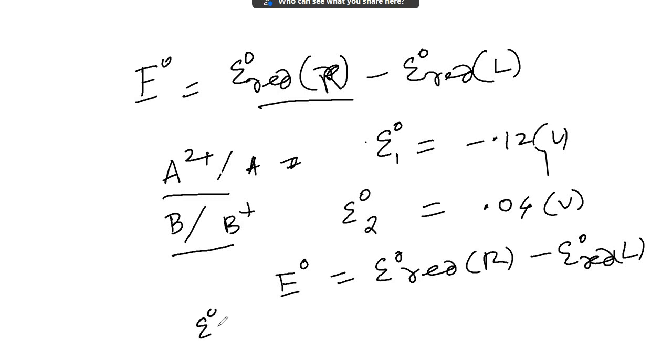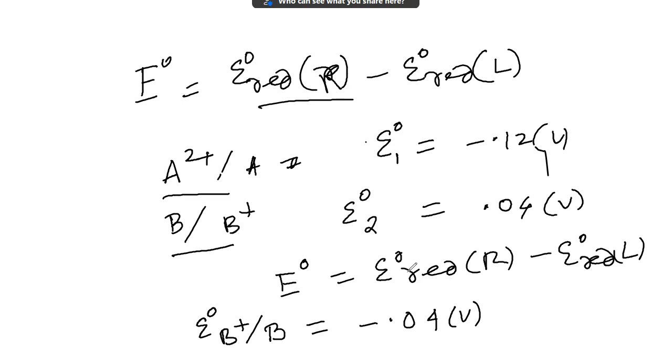E naught B plus to B. The reduction potential would be equal to the oxidation potential, equal in magnitude and opposite in sign, as I told you. Since it is given as 0.04 volt, it will be minus 0.04 volt.